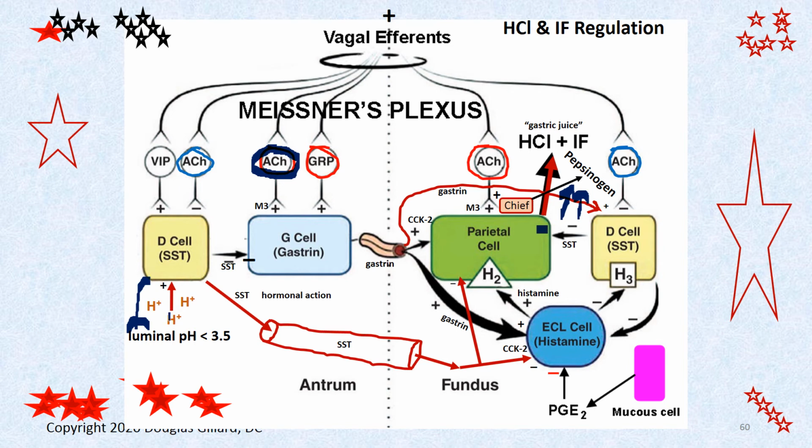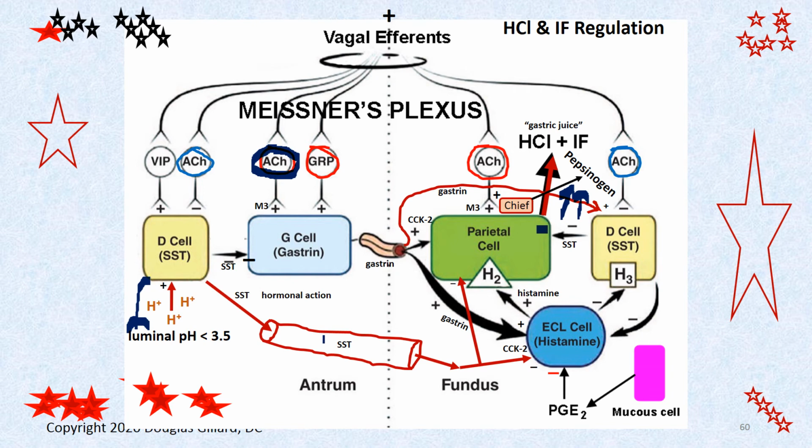But once the pH gets too low, I think I want to say about a pH of 3, they start to stimulate the D cell to release somatostatin. And somatostatin is a hormone, and it is a paracrine. It can swim over to G cells and shut them down and say, hey, okay, there's enough acid, it's time to shut off the acid production, so they can stop the production of gastrin, which drives acid production.